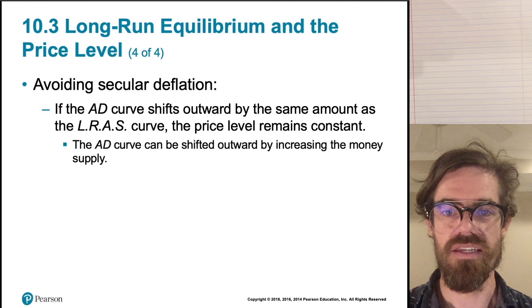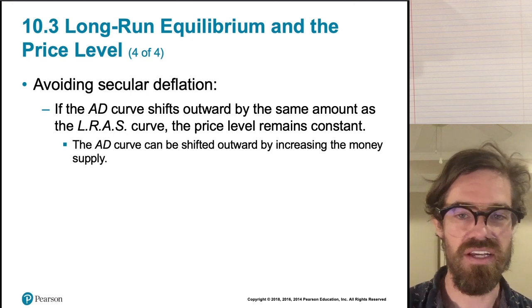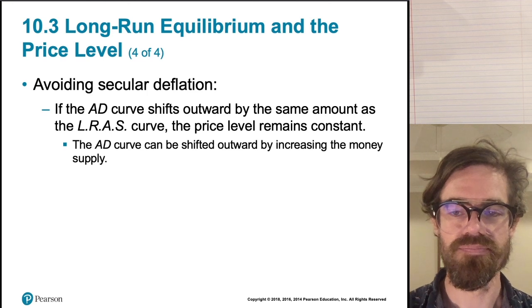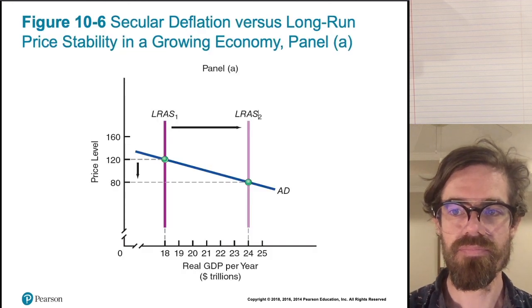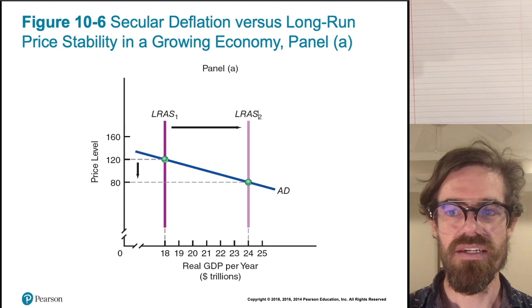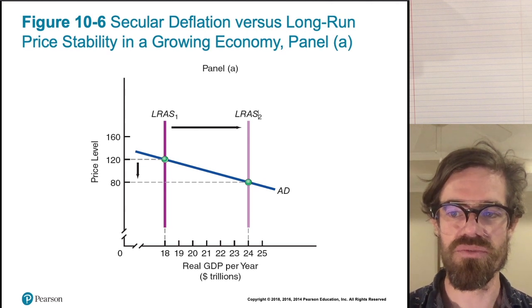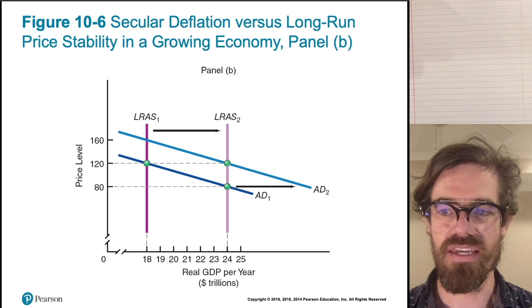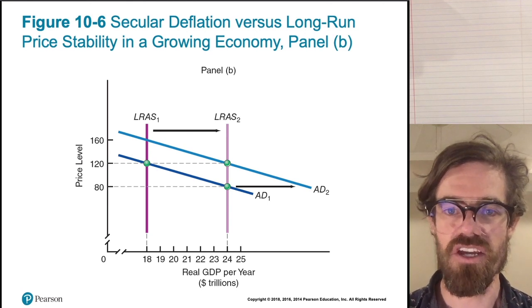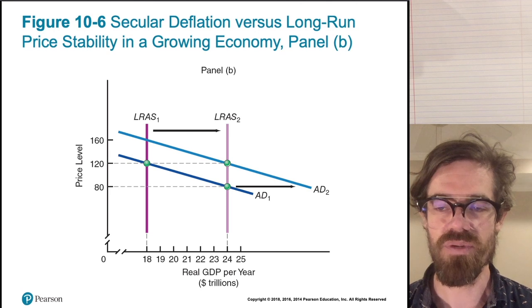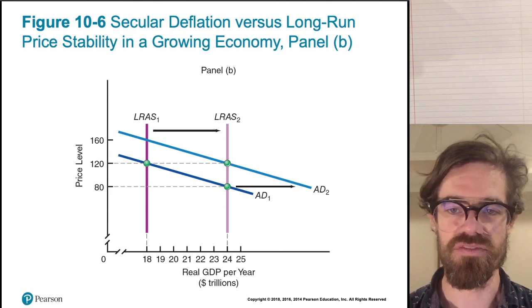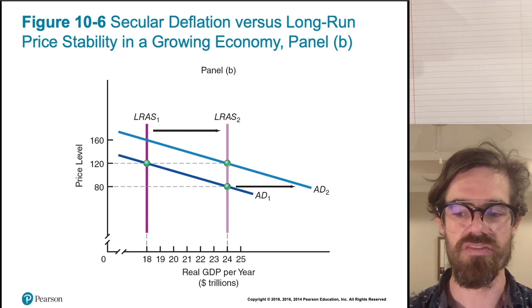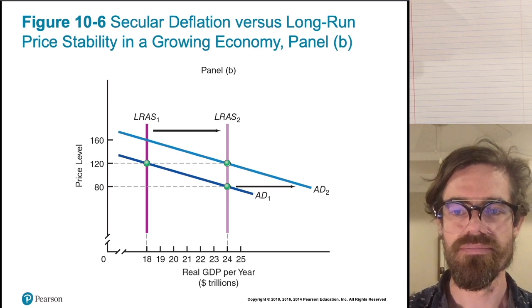And since we experience inflation, it's actually shifting a little bit faster to the right than long-run aggregate supply is. Okay, so here we see secular deflation as the result of economic growth. But since we experience inflation and not deflation, it must be the case that aggregate demand is also shifting to the right by at least the same amount as long-run aggregate supply, if not even just a little bit more.